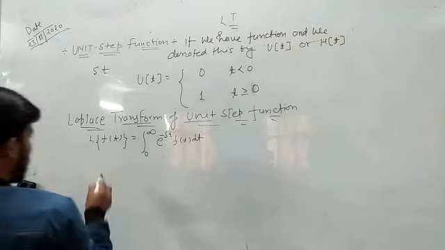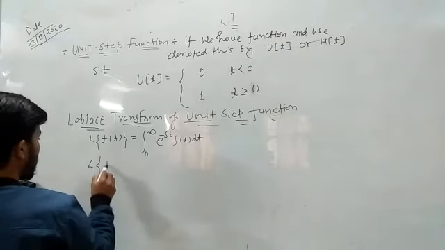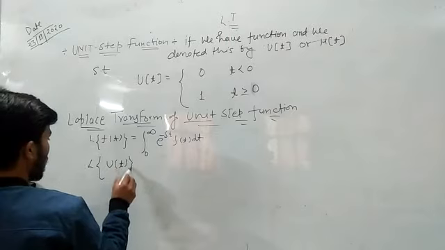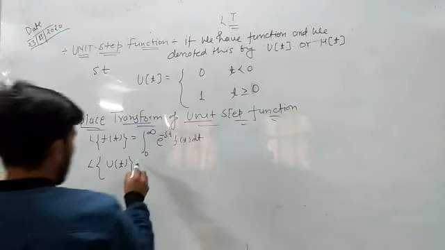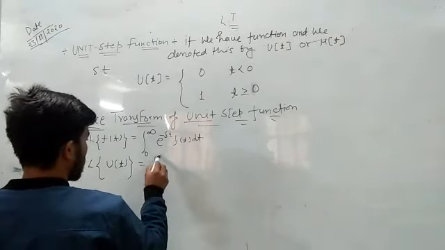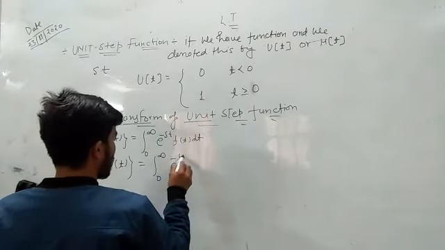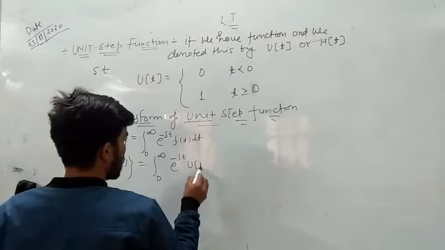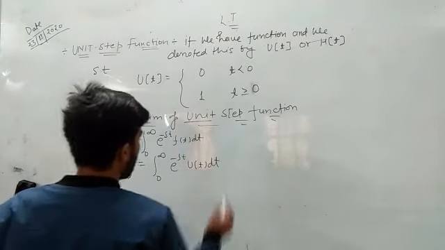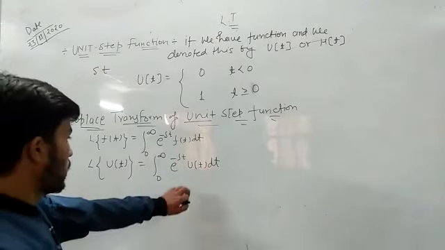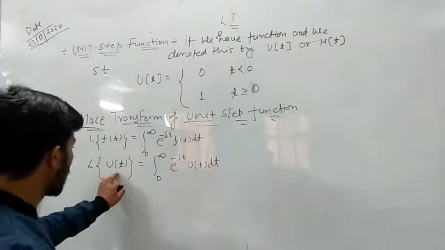So now we have to find the Laplace transform of this unit step function. Here we can write the Laplace transform of u(t) is equal to the integral from 0 to infinity of e to the power minus st times u(t) dt. This is the Laplace transform of u(t).